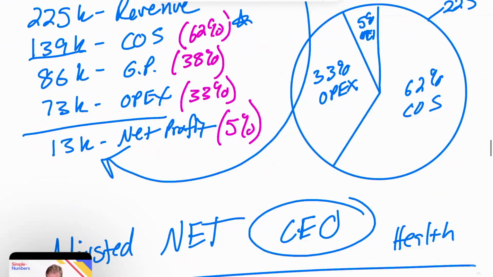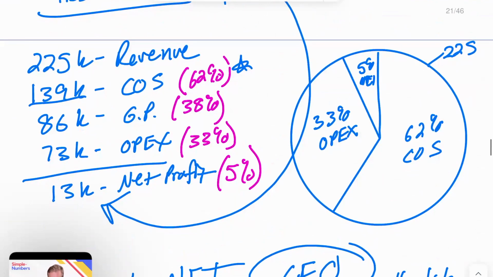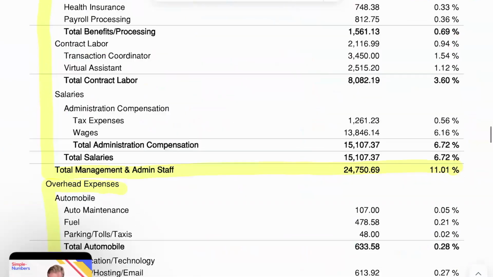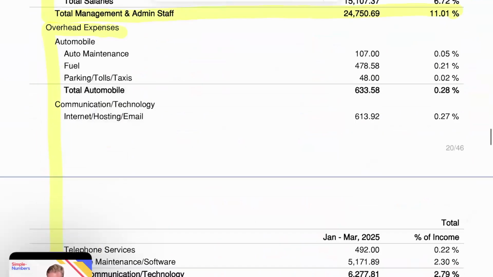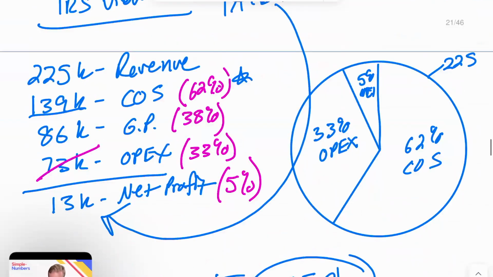The expenses, instead of being $73,000, let's go up and look at how much the owner paid themselves in salary. They paid themselves $15,000. So we need to take 73 minus 15, which is 58.